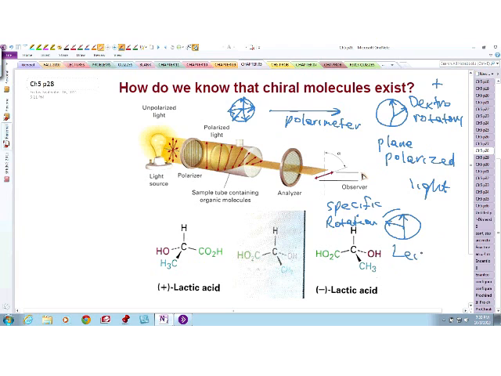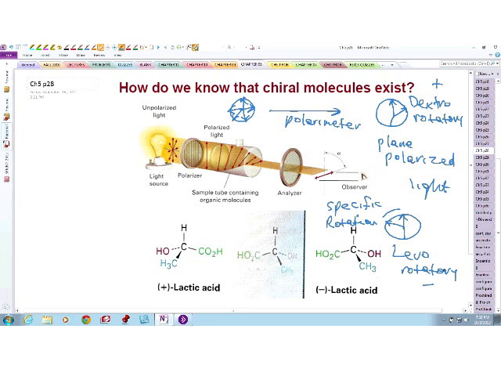The other will rotate to the left, we call levorotatory, which will give a sign of negative. So if you have two enantiomers in the solution, just as one is moving the light to the right, the other will be moving it back. Then what happens? That sample becomes optically inactive.